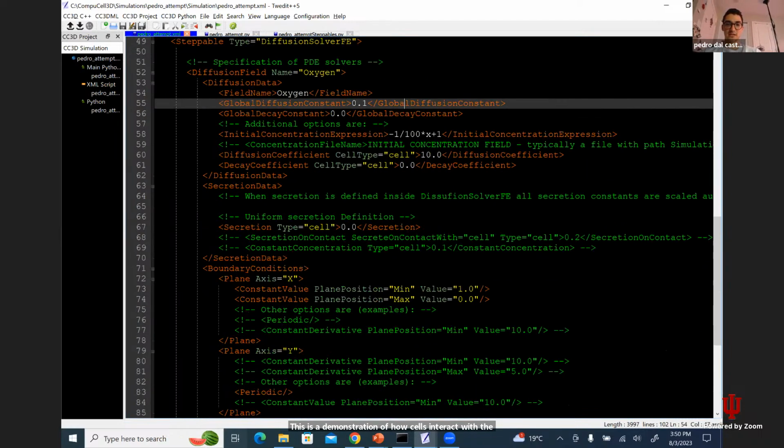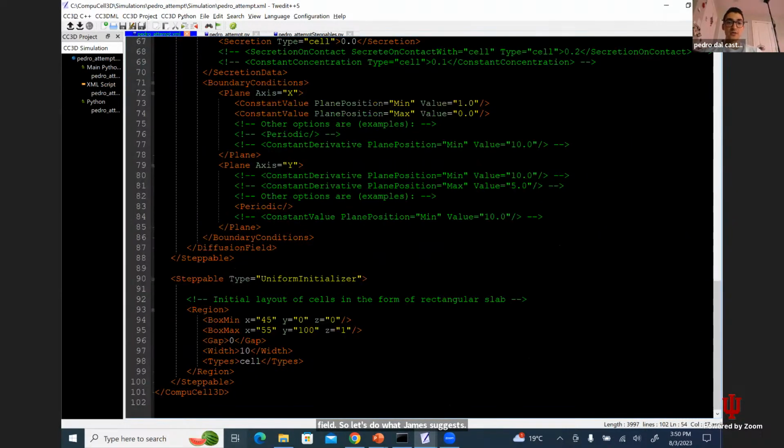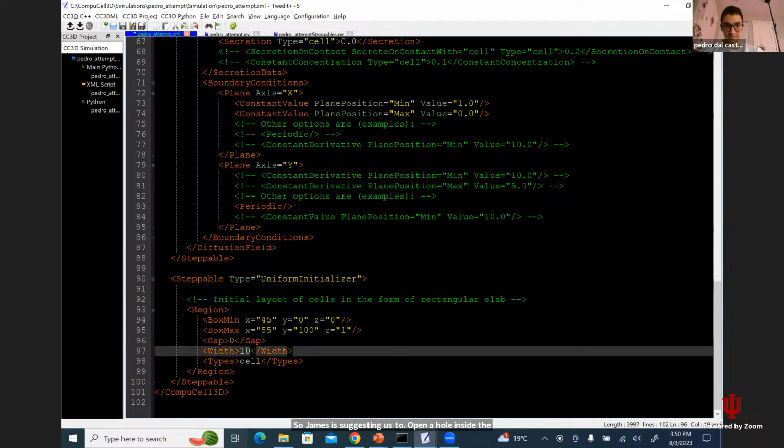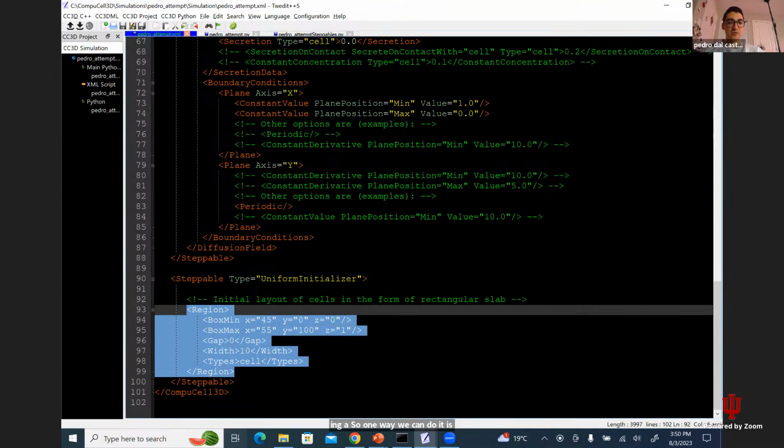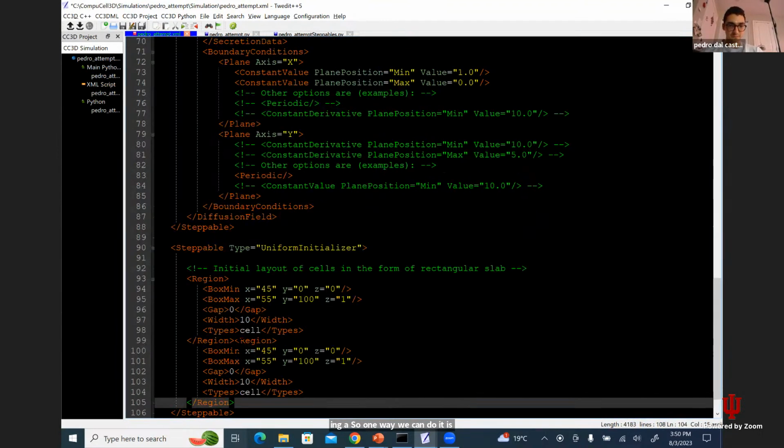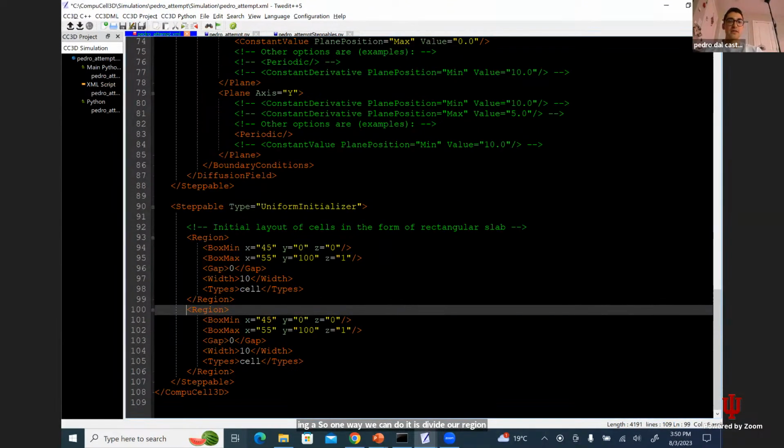So James is suggesting us to open a hole inside the membrane. So let's say we are simulating an ion channel. So one way we can do it is divide our region in two regions. One region in the bottom, one region in the top, and a hole between them.